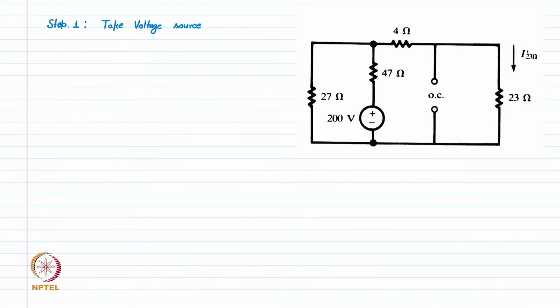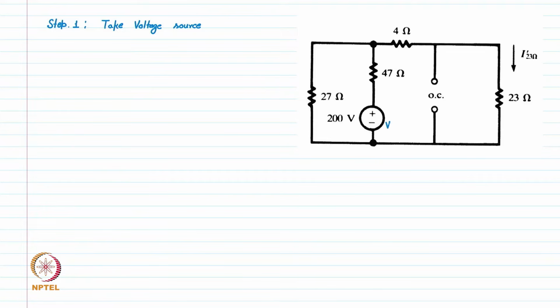So first we take step 1. We take only the voltage source at a time. If we draw the earlier circuit with only the voltage source, it looks something like this.